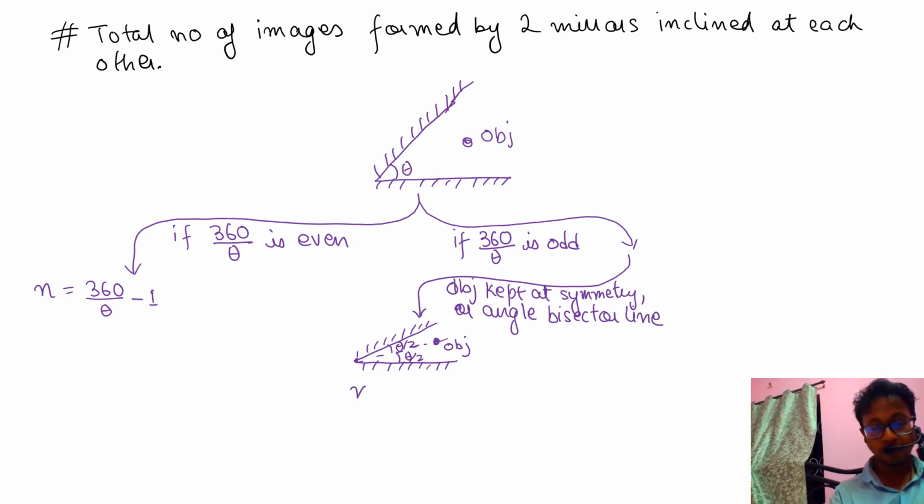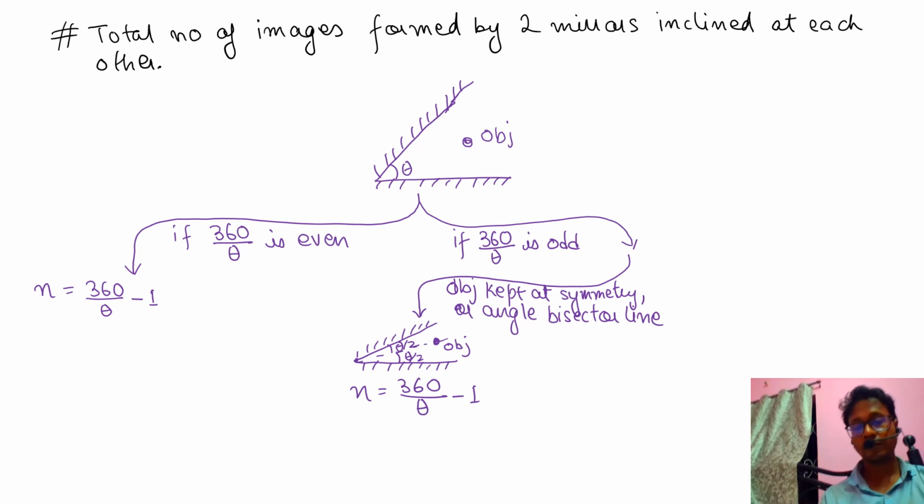Then the total number of images would be 360 divided by theta, minus 1.